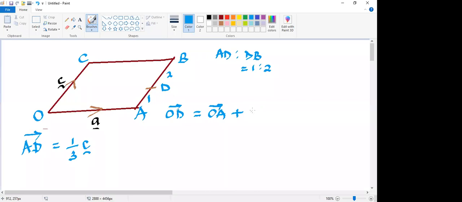Good. Our OA is vector A, and our AD is a third.